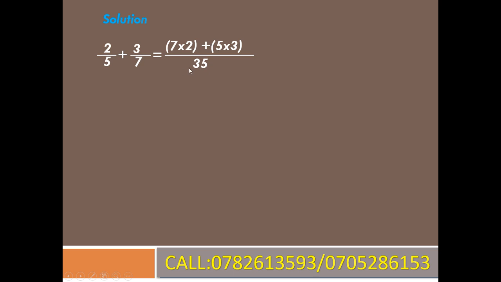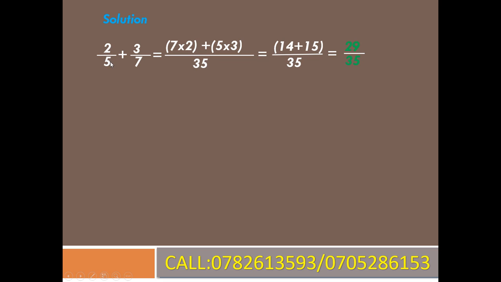Now 35 divided by 7, that gives us 5. Now the 5 times the numerator, which is 3, so 5 times 3. So once we compute this, we shall end up with 14 plus 15, everything out of 35, and that will give us 29 out of 35.